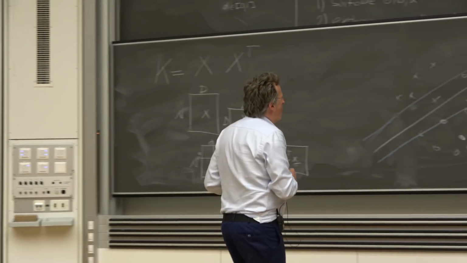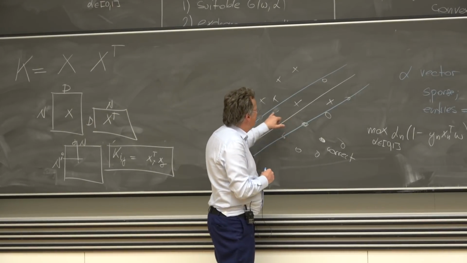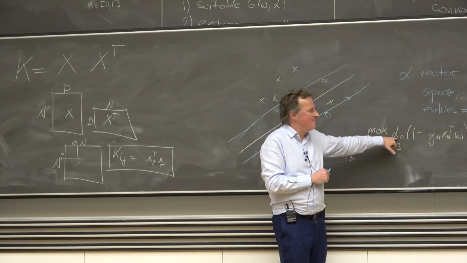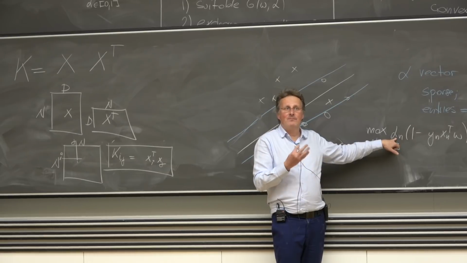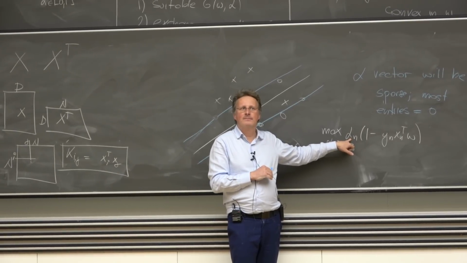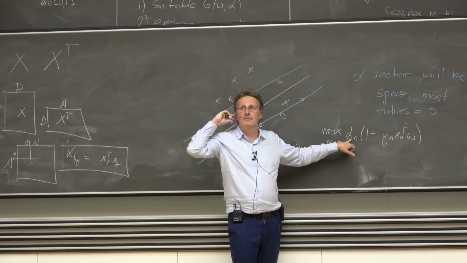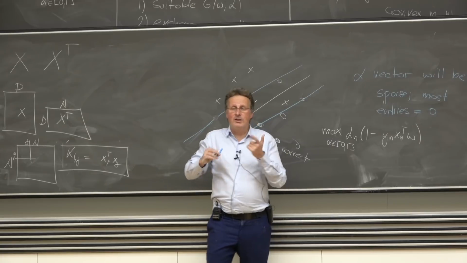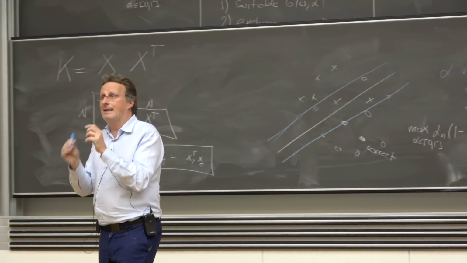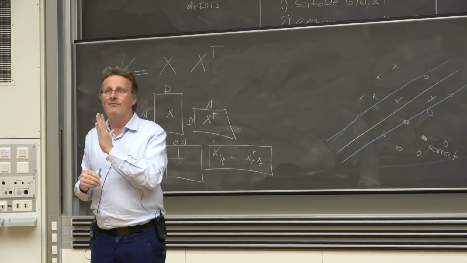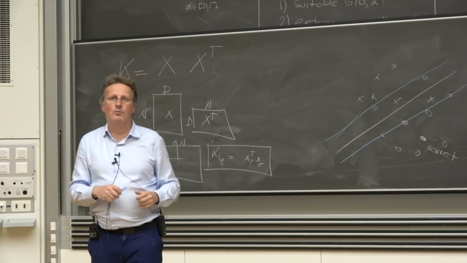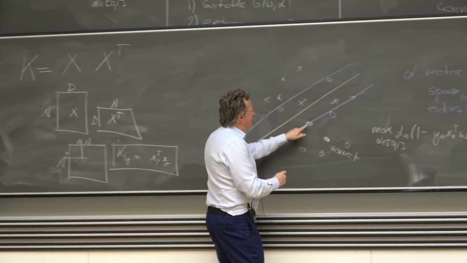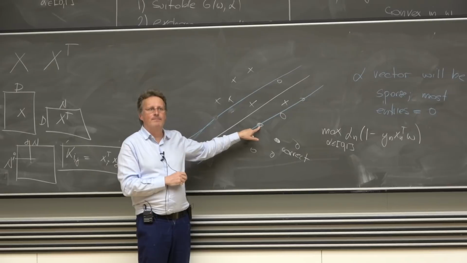And so what does this mean for the optimizing alphas? What are valid values the alpha can take on? It's not just 0 or 1, because the alpha is not in the set {0, 1}. It can take on any value. Some values will be 0, and some can be anything between 0 and 1. So for a point like this, the alpha can be anything between 0 and 1.